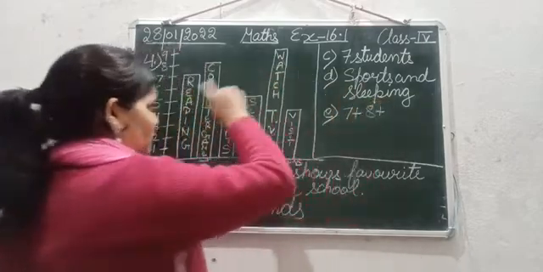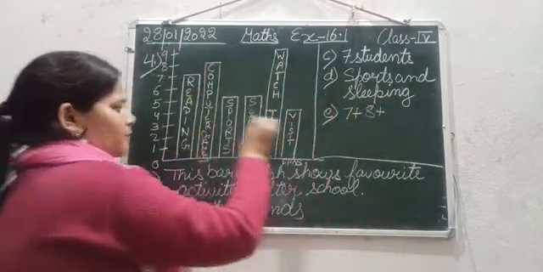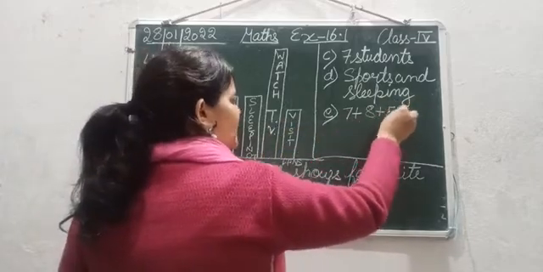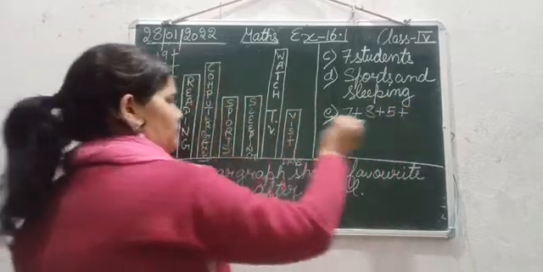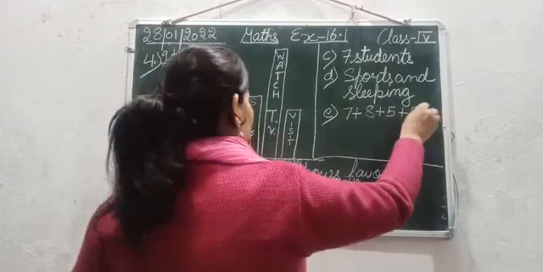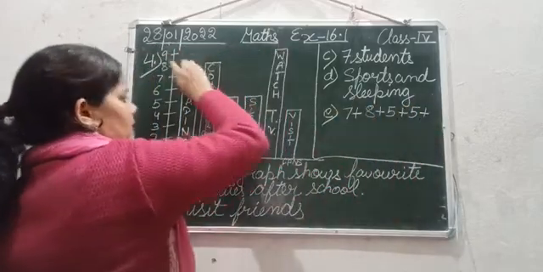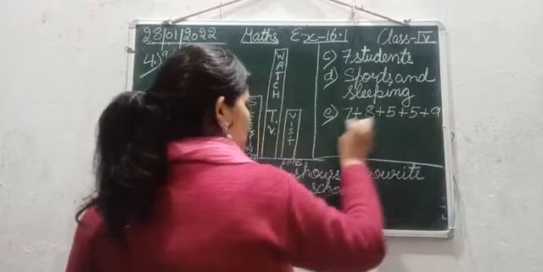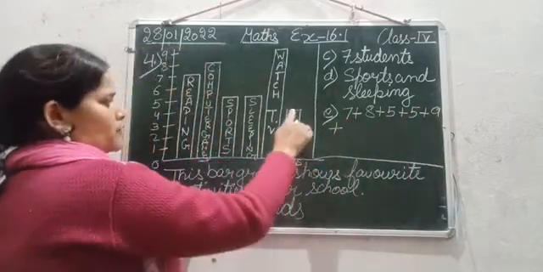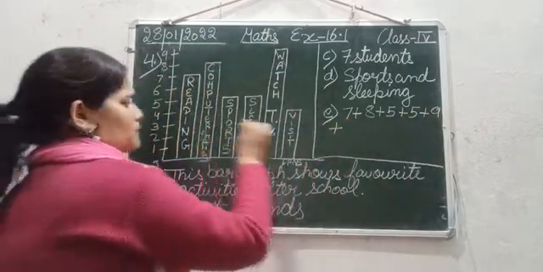Next, sports 5, plus sleeping is also 5, plus watch TV, that is 9, plus visit friends, that is 4.